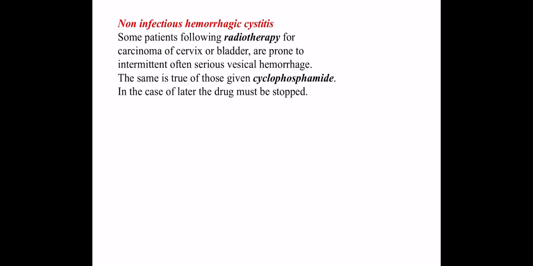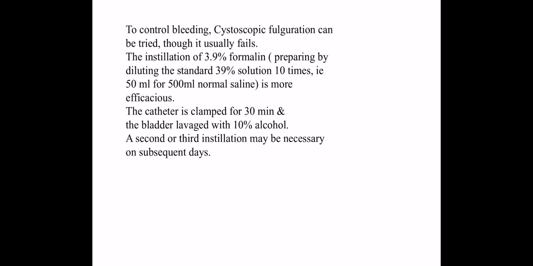The other disorder of the urinary bladder is non-infectious hemorrhagic cystitis. Some patients following radiotherapy for carcinoma of the cervix or carcinoma of the urinary bladder are prone to intermittent, often serious vesical hemorrhage. The same is true for those patients taking cyclophosphamide. In the latter case, the drug must be stopped.